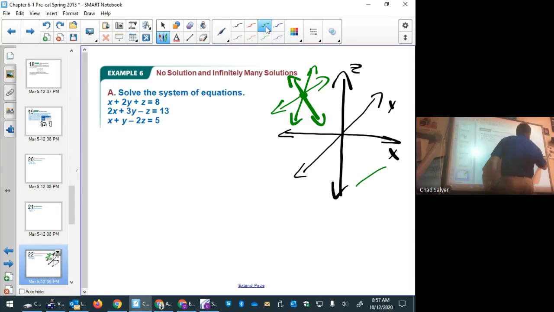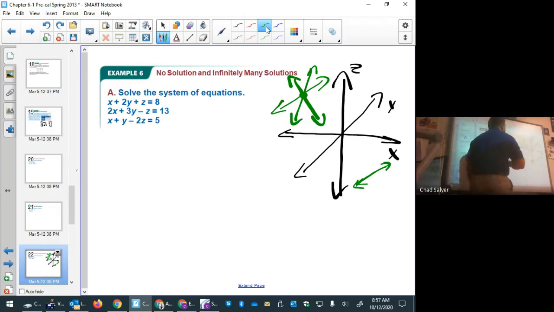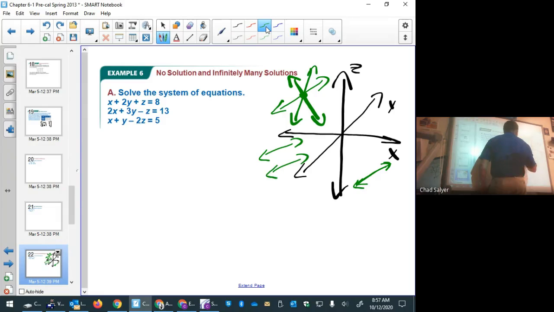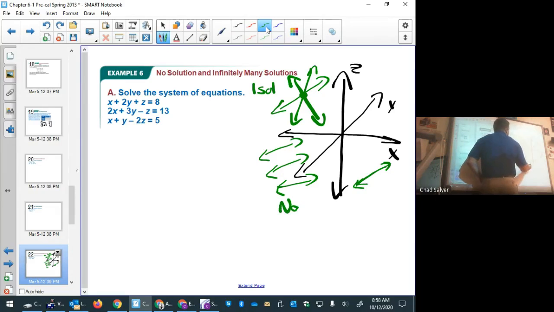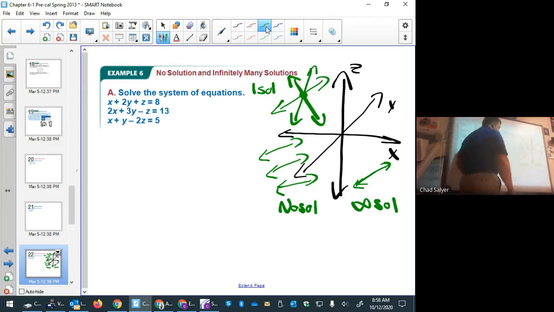They can overlap like that and have an infinite number of solutions. Or they can never touch all 3 together at all. So what this means is you can have one solution, you can have no solution, or you can have infinite solutions. So those are the 3 possibilities when we deal with these 3 variable systems.